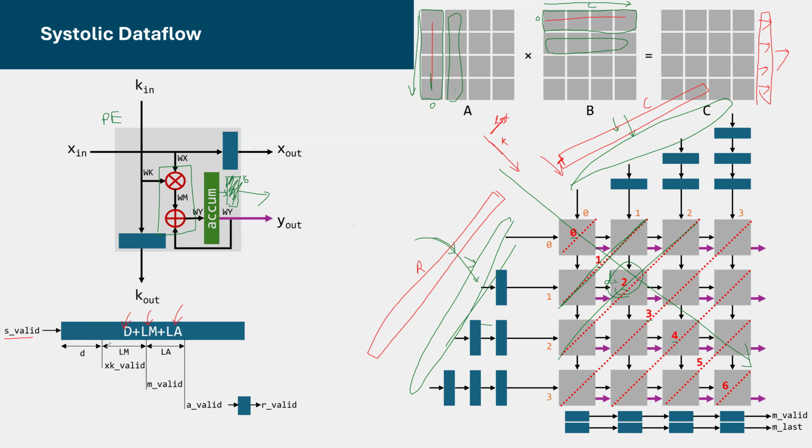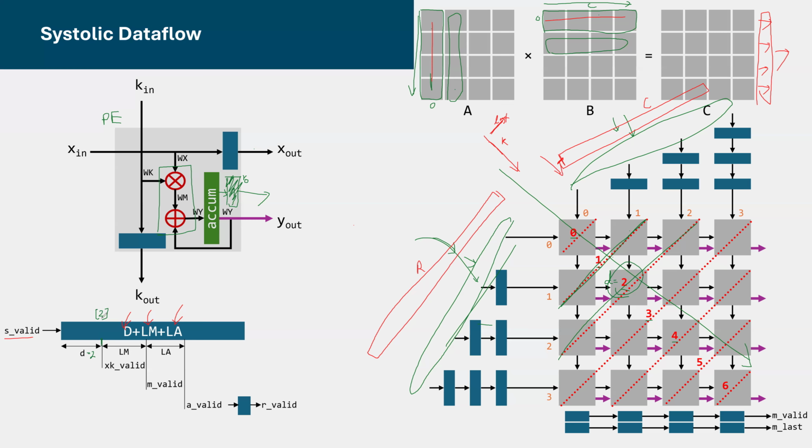In this D equals 2 diagonal, this shift register is basically a D plus LM plus LA very long shift register, right? If you index into the shift register and look at the second value, that is D equals 2.